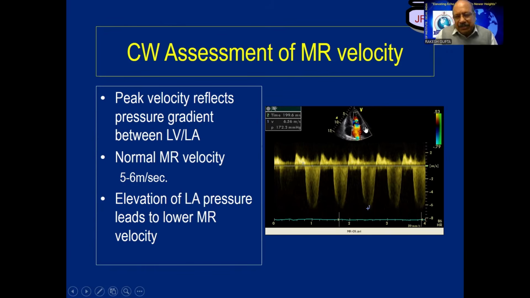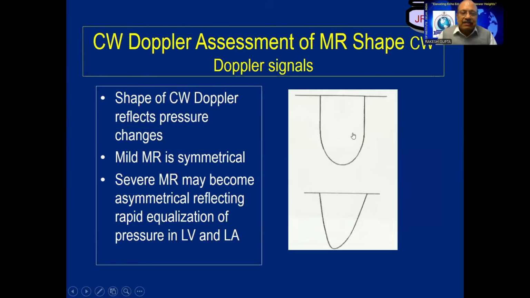We have not taught you as yet, but suppose your LA pressure is 10, which is normal, and you have an MR jet velocity of just 4 meters per second. So your pressure would be 4 into 4 into 4, 64, plus 10, 74 millimeters of mercury. And that is what is very important when we look at the MR jet velocity.